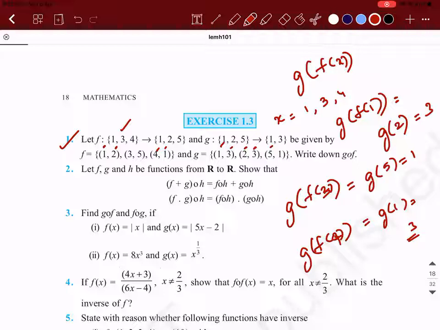Okay. So the proof one, we will do it again.